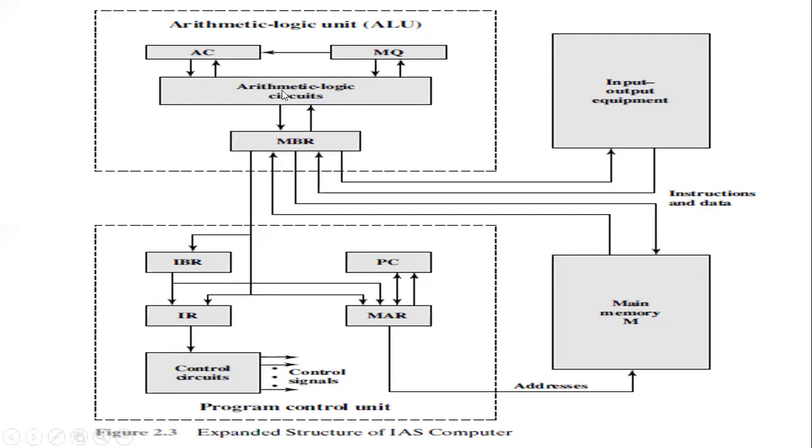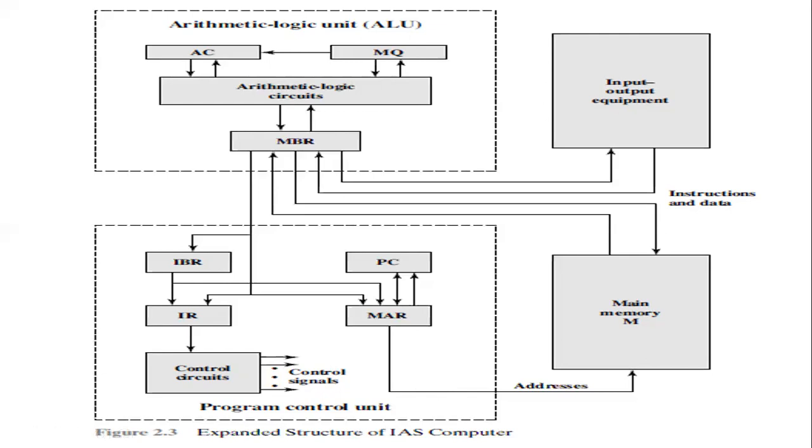The addition actually happens with these arithmetic logic circuits, and this result that the accumulator has will be sent again to your program control unit. Then it will be decided where to send the result.